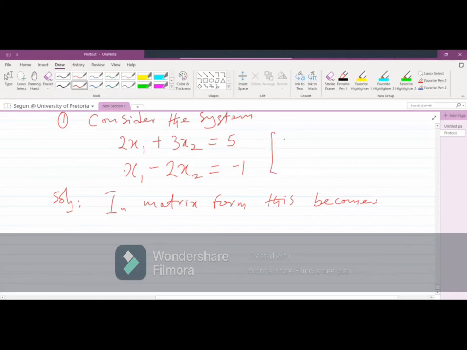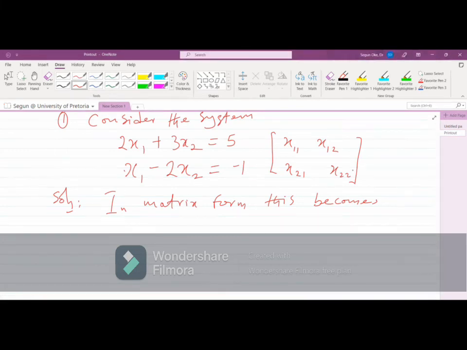So I'm going to have x11, x12, x21, x22. Nobody will tell you this, but because I know I have two equations, equation 1 and equation 2, it is 2 by 2. If it were equation 3, it would mean 3 by 3.